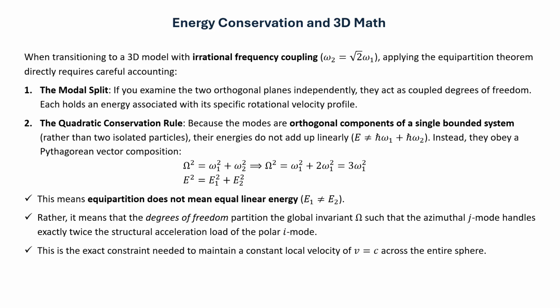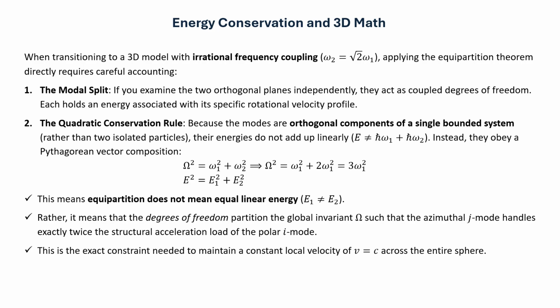The energy, likewise, from the Planck-Einstein relationship, we relate to those frequencies. The energy is equal to h bar times the frequency. So from there you can derive, and it's a linear relationship, the total energy conservation law, which says the energy of the proton as a whole squared is equal to the energy in the first plane of oscillation, E1 squared, plus the energy in the second coupled oscillation, E2 squared.